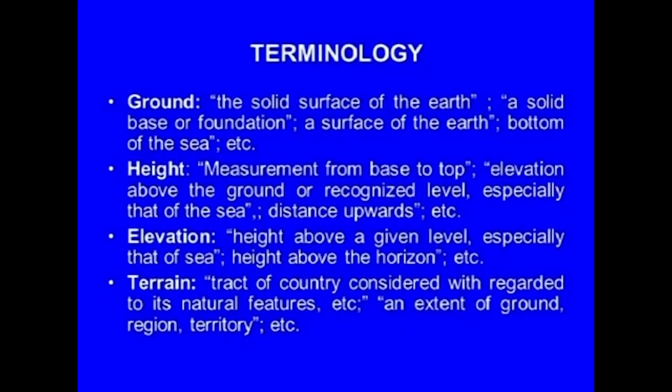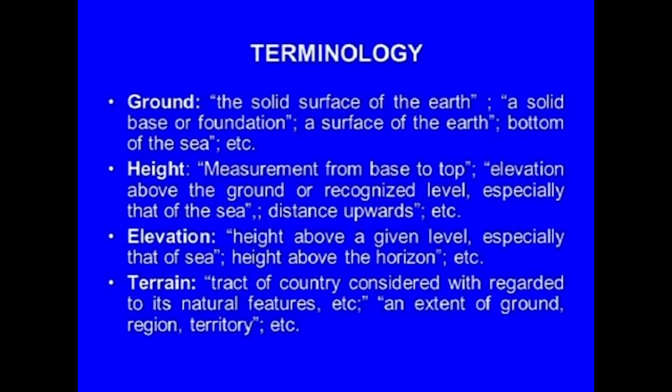Along with the definitions, let us look at the associated terminologies with it. First is ground. This can be the solid surface of the earth, or the solid base or foundation, or the surface of the earth or the bottom of the sea.